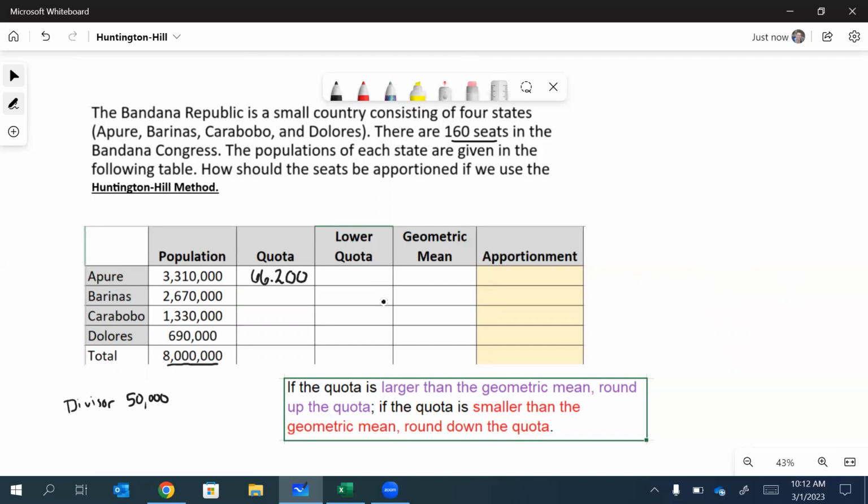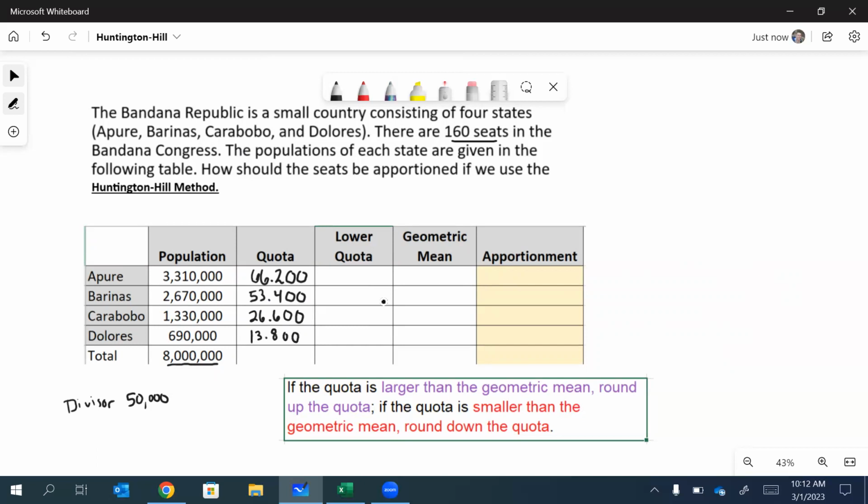Next one, 2,670,000 divided by the divisor, and that one's going to be 53.4. I'm once again going to add 2 zeros to that. You'll see why later as we compare. The next one is 26.6, again adding 2 extra zeros. And the last one is 13.8, but again adding 2 extra zeros.